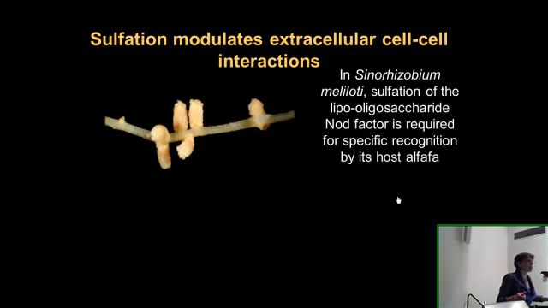And a classic example from agriculture is Sinorhizobium meliloti, which is critical for nitrogen fixation. This bacteria forms nodules on its host. And sulfation of this Nod factor is required for specific recognition by its host. If the Nod factor is not sulfated, the host no longer recognizes it and nodules do not form.